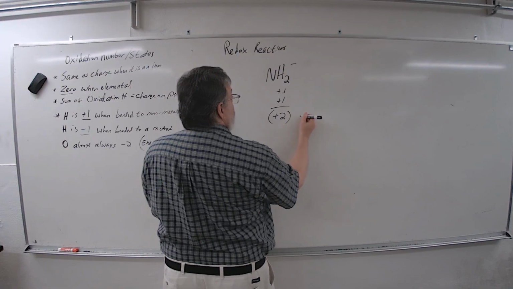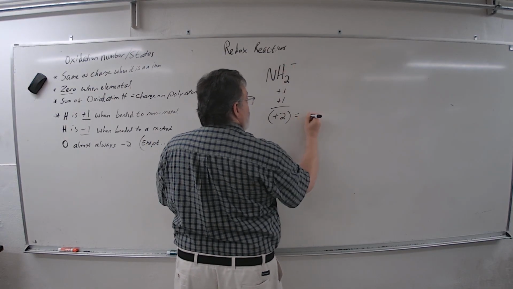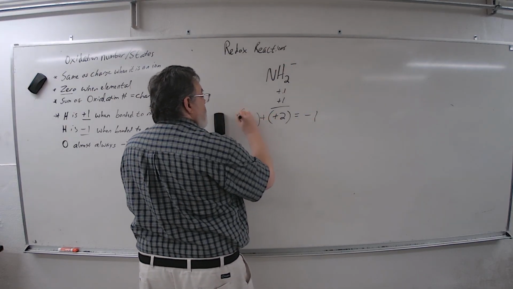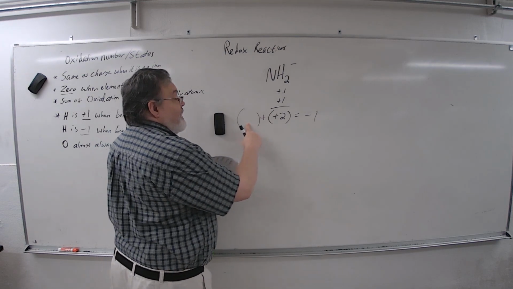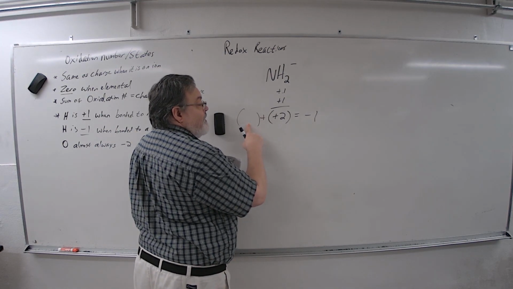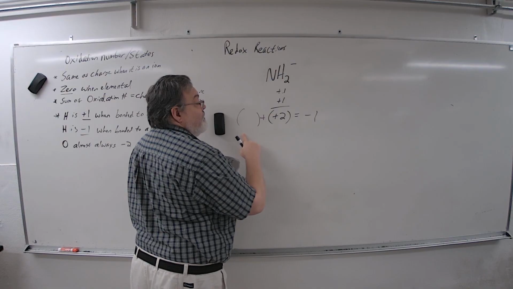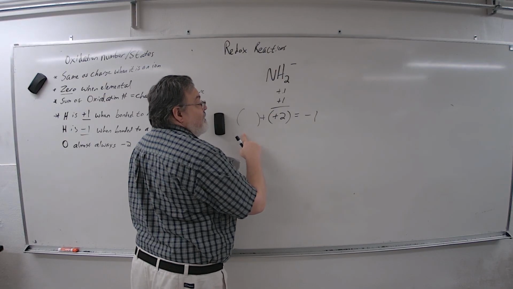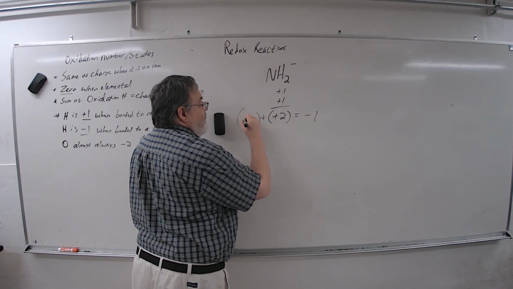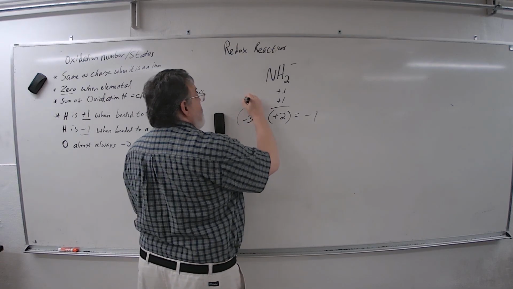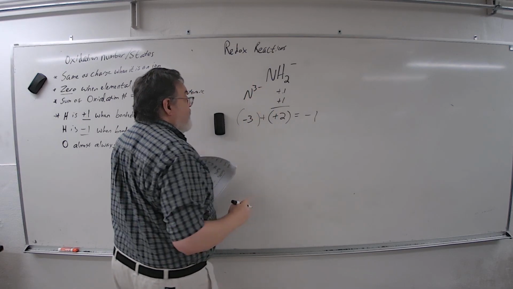What am I doing wrong? I've got a -1 up here. So what do I need to put here to make this true? -3 here. Nitrogen, 3 minus.